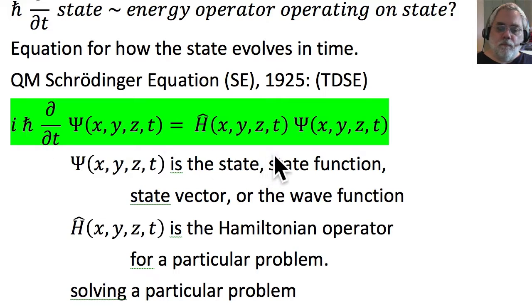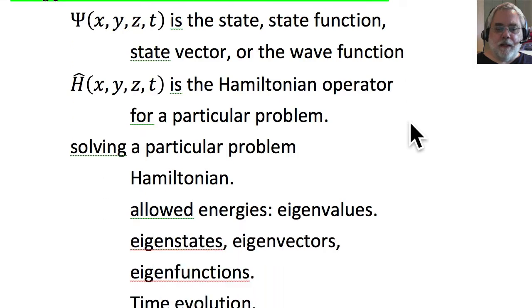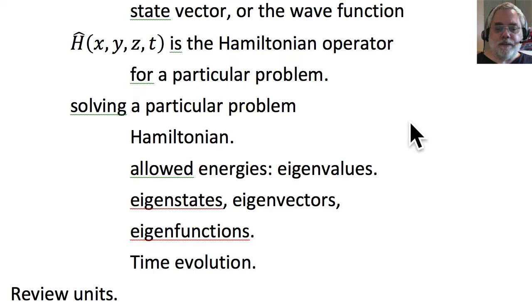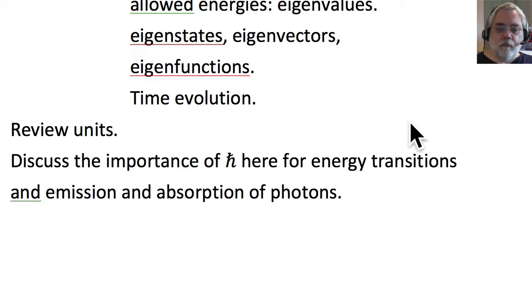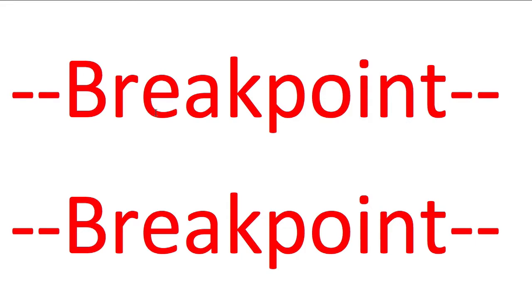So it must be that there's also an h bar inside the Hamiltonian operator. That would be able to affect energy levels and aspects of the state. And so we want to see that next. This is a possible time to take a break.